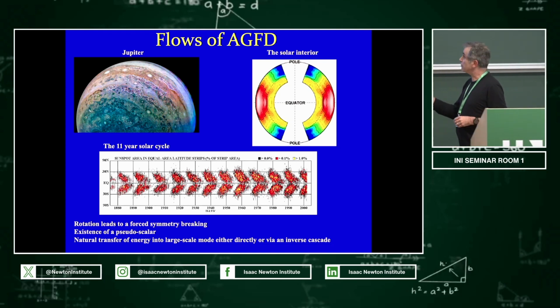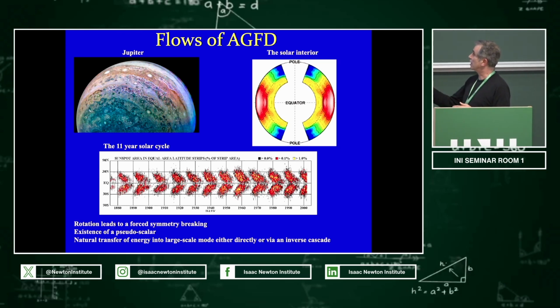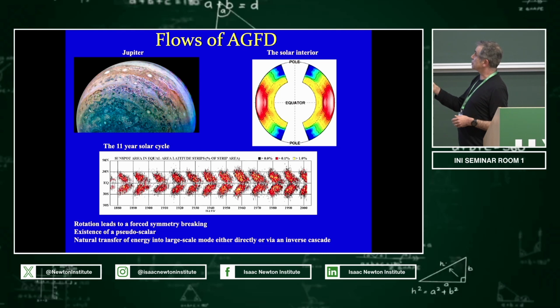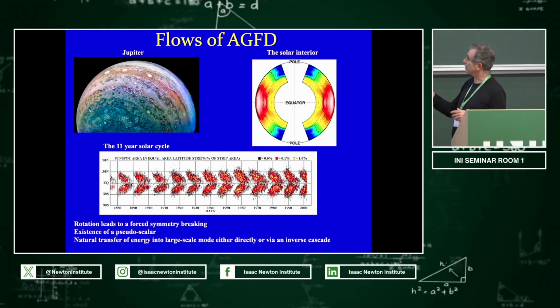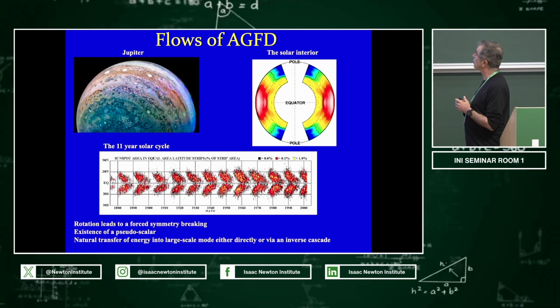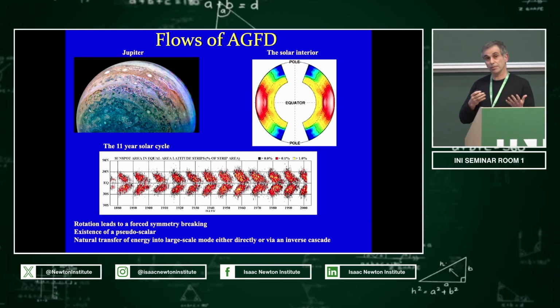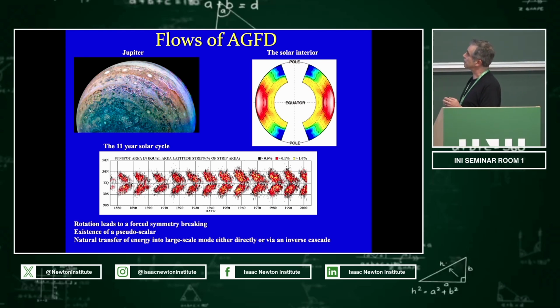The solar interior, we have turbulent convection with timescales of about a month, lead to a differential rotation pattern or a shear pattern in the solar interior, which stays largely steady. So this is a result from helioseismology about the internal rotation of the sun. This is driven by turbulence, and the turbulence drives the mean flow, which then coexists peacefully with the turbulence.